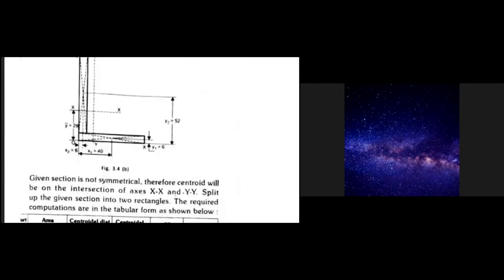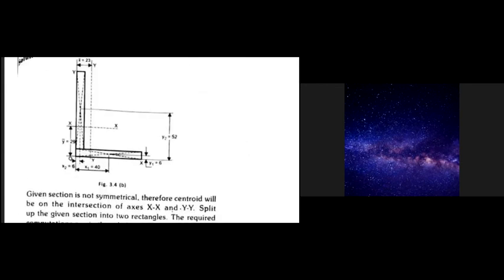And from the x-axis, first you have to add this 12 mm. Why? Because the bottom of rectangle 2 lies at a distance of 12 mm from the x-axis. So 12 plus half of 80, 12 plus 80 by 2, you will get 52. Similarly, after that find a2 x2 and a2 y2.